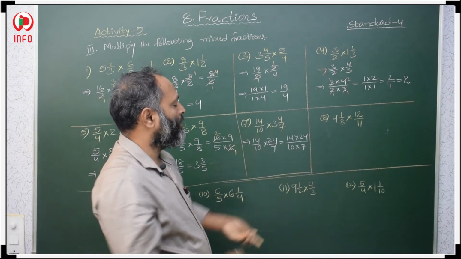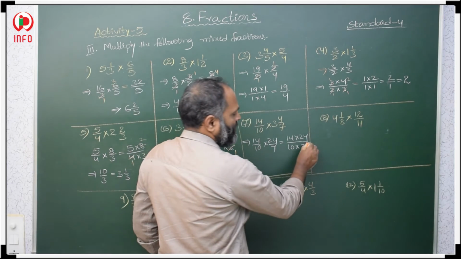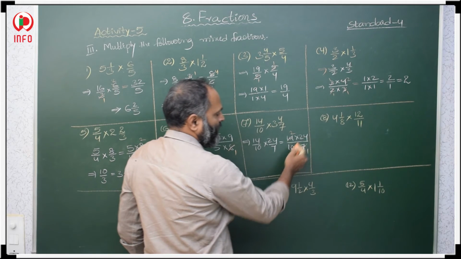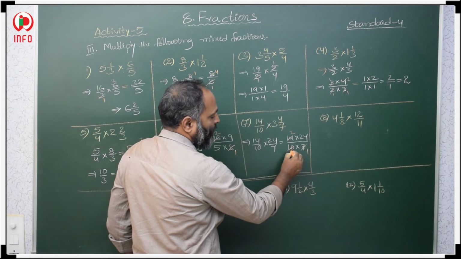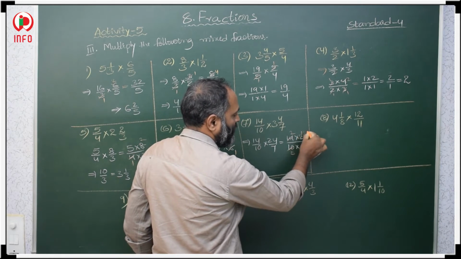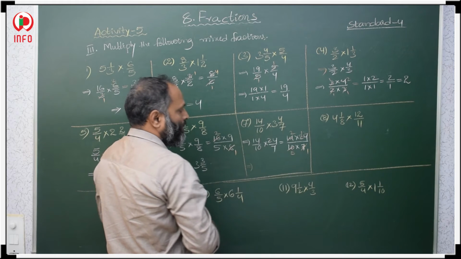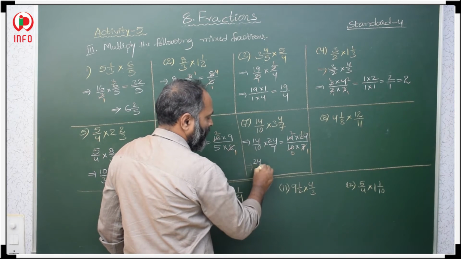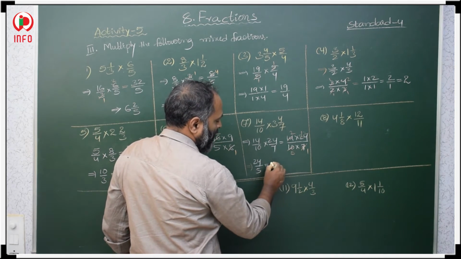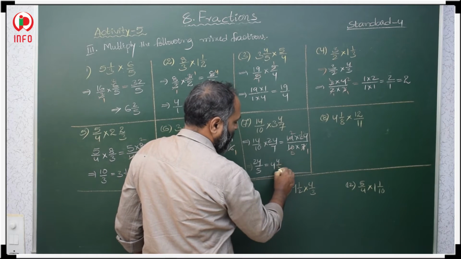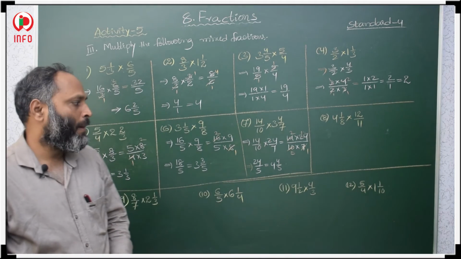So these two have common factor 7. 7 ones are 7, 7 twos are 14. These two have common factor 2. 2 fives are 10, 2 12s are 24. Next, 12 twos are 24, 5 ones are 5. That is 5 fours are 20 and 4 by 5 in mixed fraction.